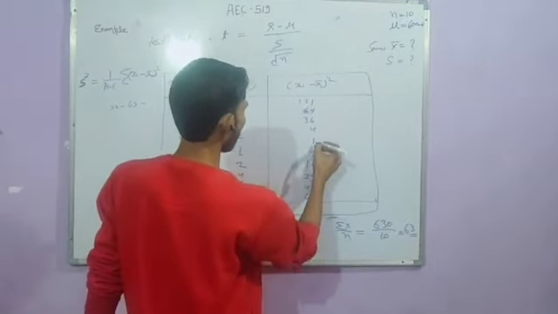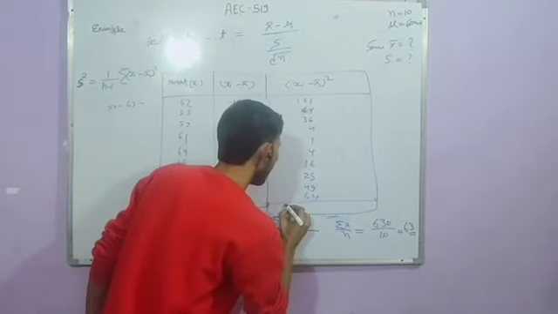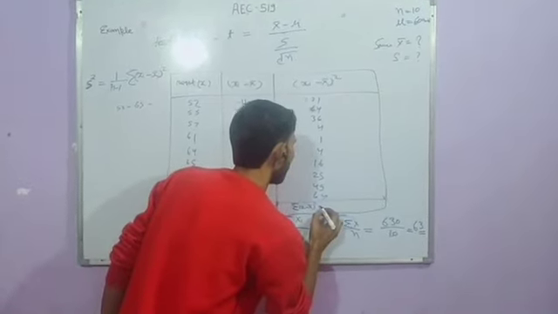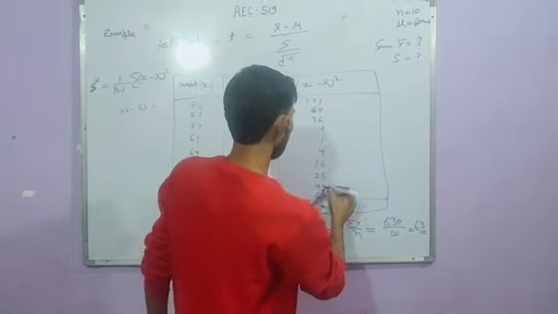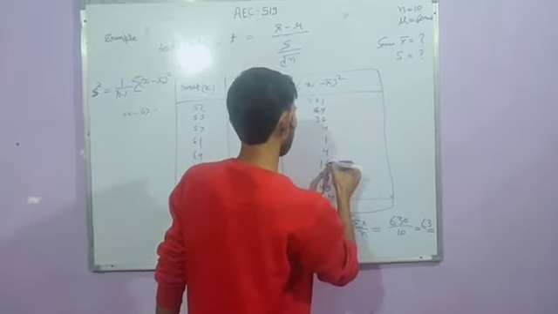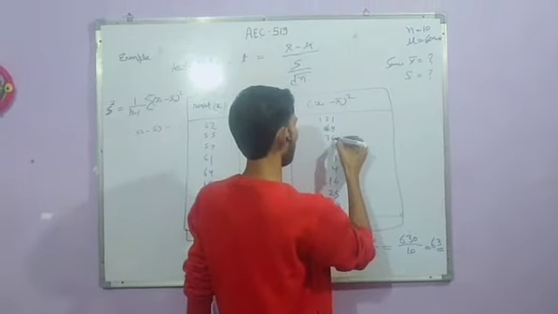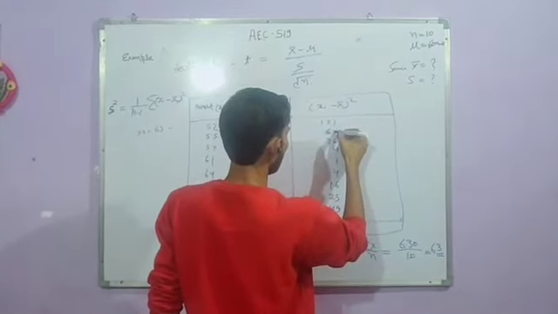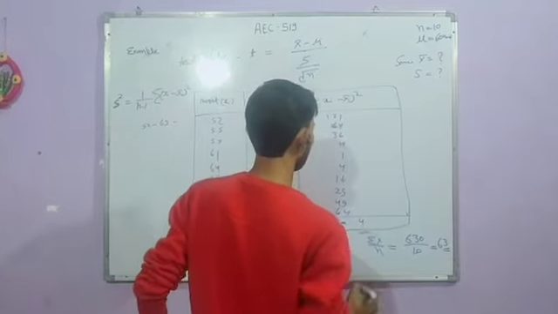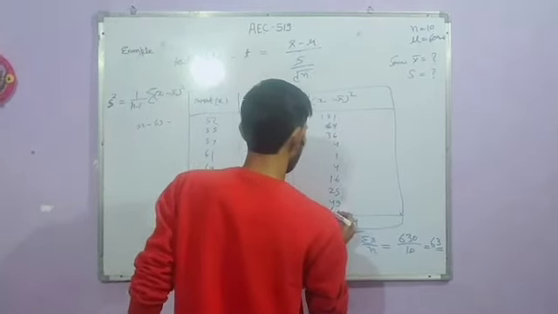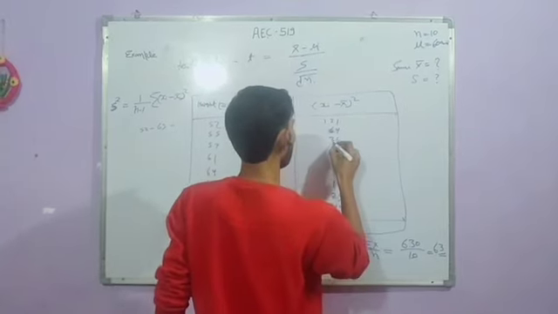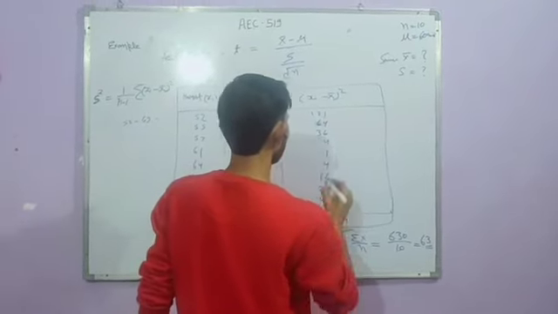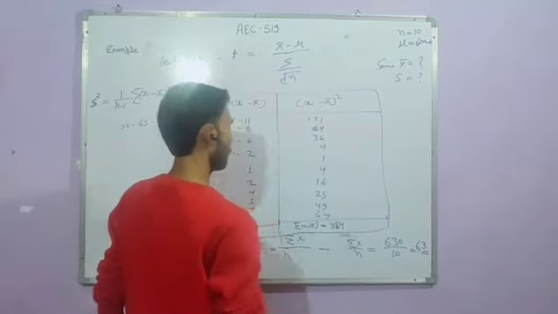That is 1, 2, 3, 4, 5, 6, 7, 8, 9, 10 values, and summation of xi minus x bar whole square equal to 384.